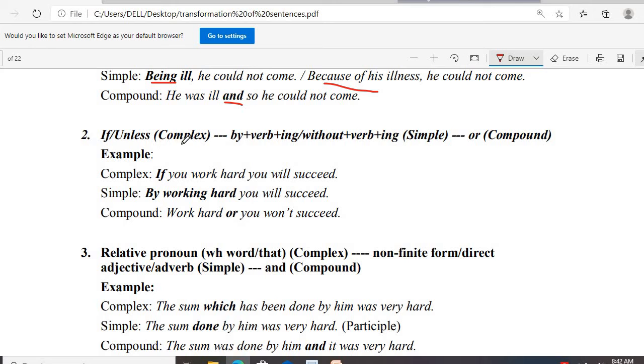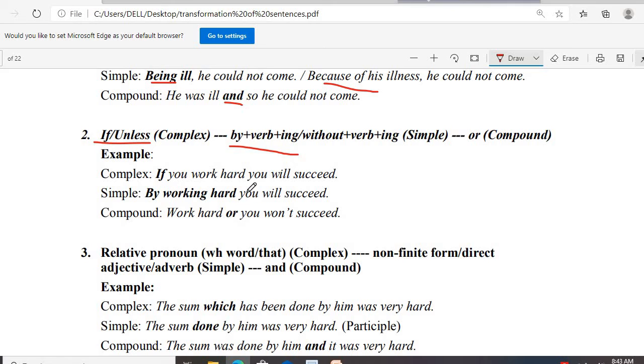If, unless. In some complex sentence you will see this type of subordinating clause, if, unless. And for making this type of complex sentence into a simple sentence, you will have to use by in the beginning or without in the beginning, and with the verb you have to add ing, and your complex sentence will automatically be changed into simple sentence.